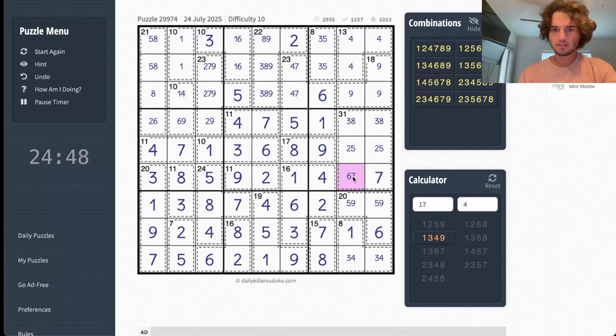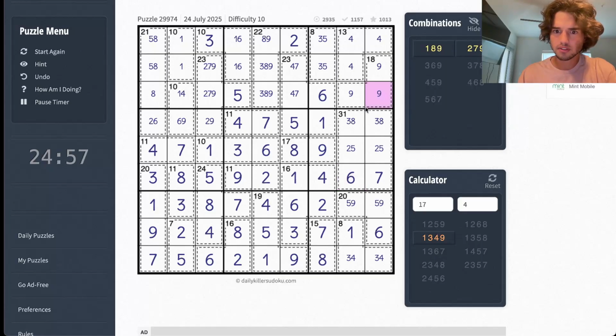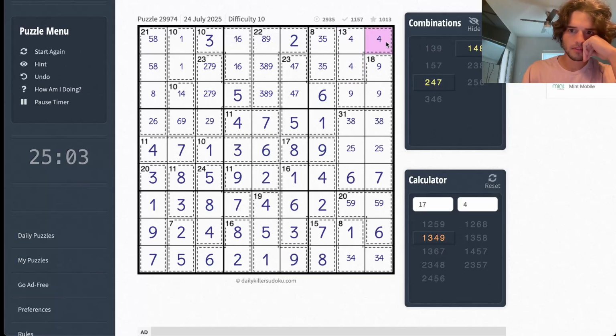Oh, 6 and 7 are placed there. Anything else here? There's just the 1 and the 6. So 7. So it'd have to be 2. Go here, 7 and 4. Or 1. So this can only be 1 or 4 there.